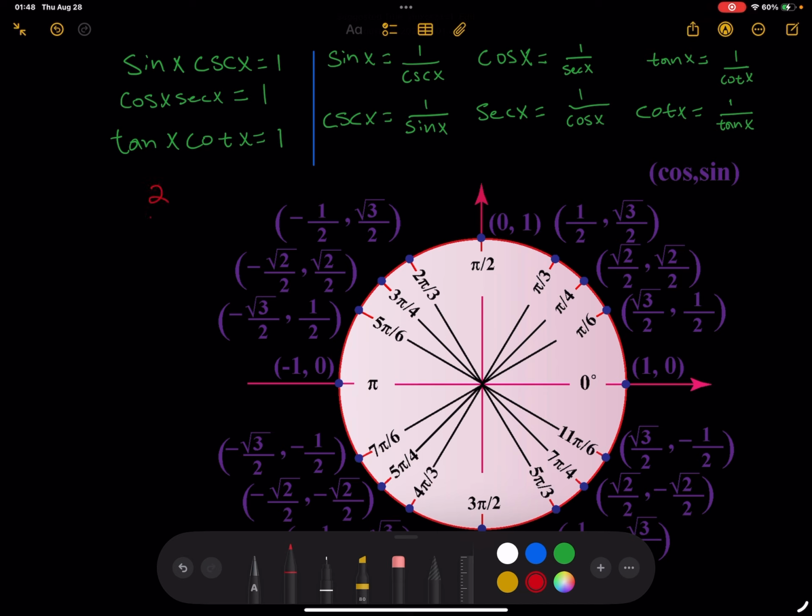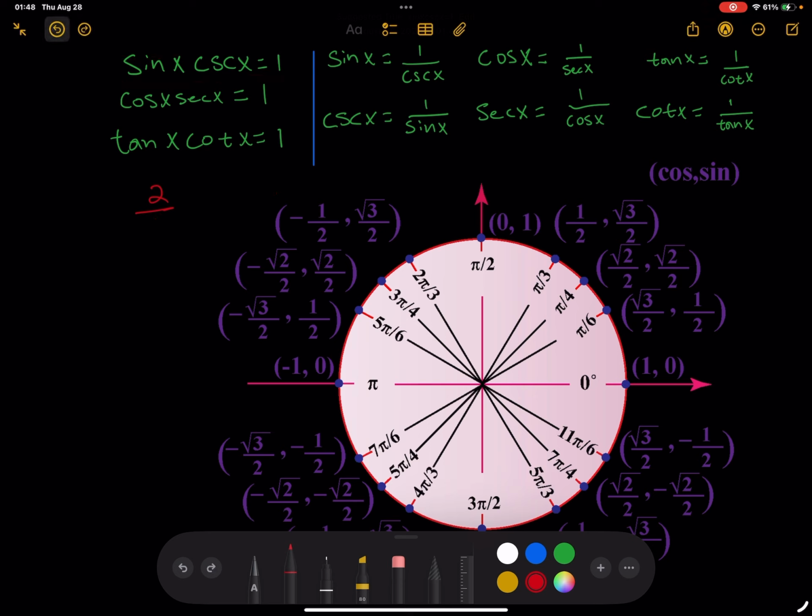What's the reciprocal of 2? We know that 2 is technically 2 over 1, right? But the reciprocal of that is 1 over 2. If we just do the math here, we get 2 over 2, which is equal to 1. And this is exactly what's going on here and the rest of these.